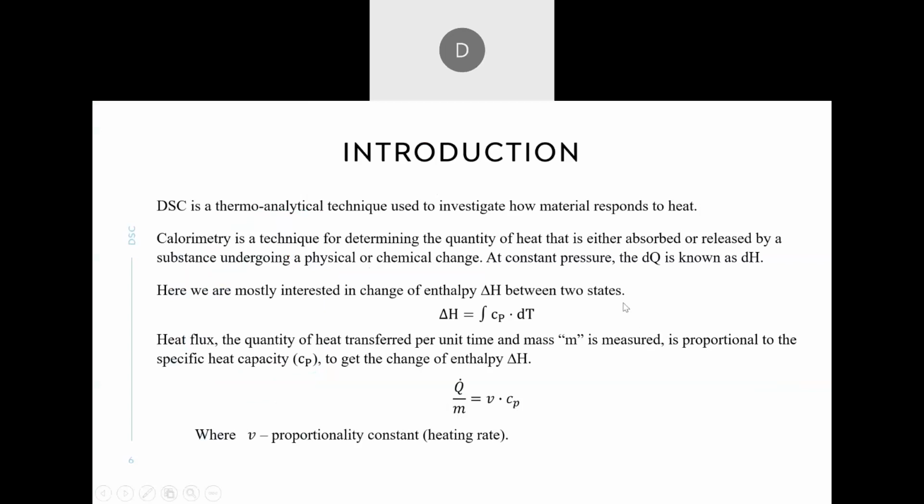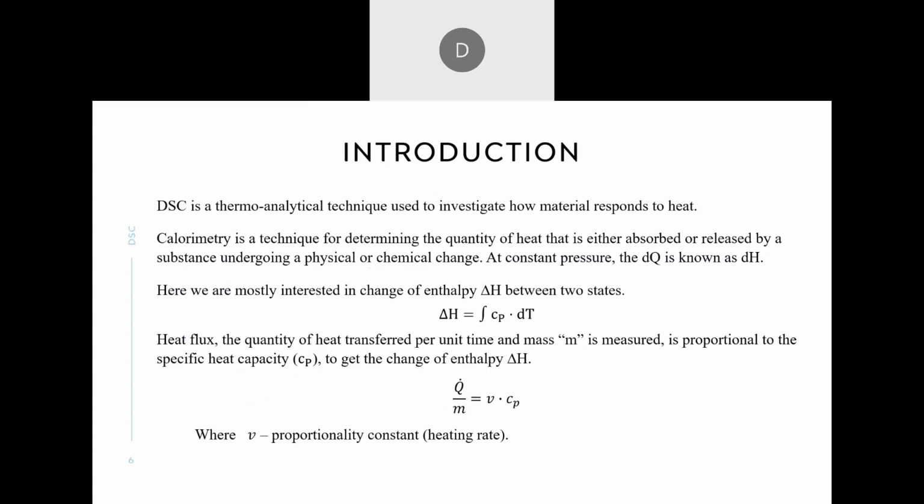Now, coming to the introduction part of our equipment, DSC. As I have mentioned earlier, DSC is a thermoanalytical technique which is used to investigate how a material responds to heat. Calorimetry is a technique to measure how much heat is absorbed or released by a sample when it undergoes a physical or chemical change.